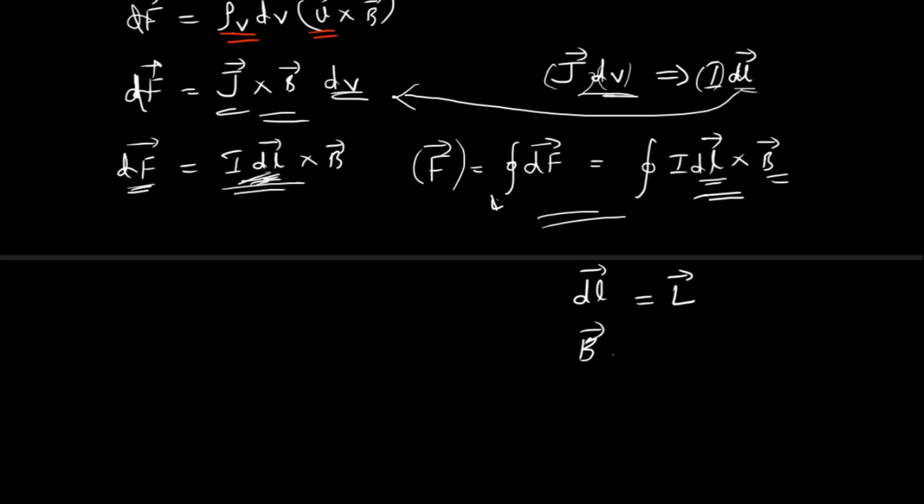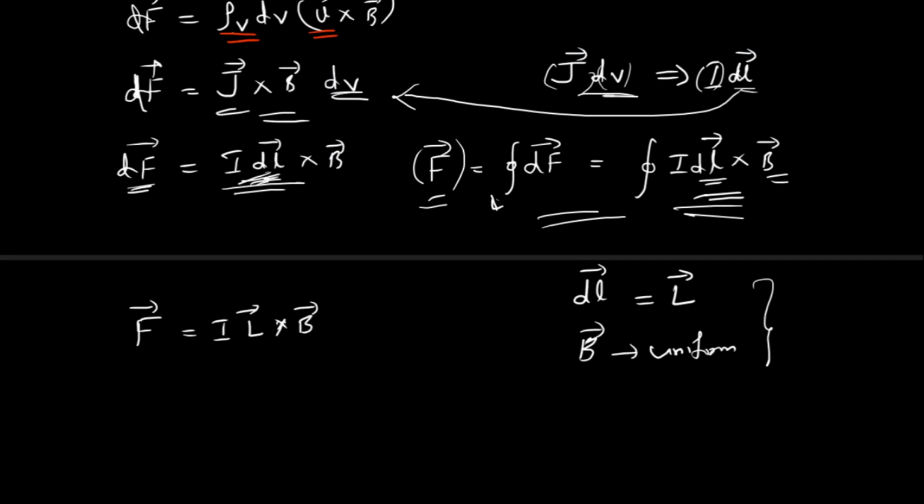That means it does not vary at every point where I am calculating the force. It is a constant value throughout the path. If I assume these two things, then the above equation can be written as I L cross B.